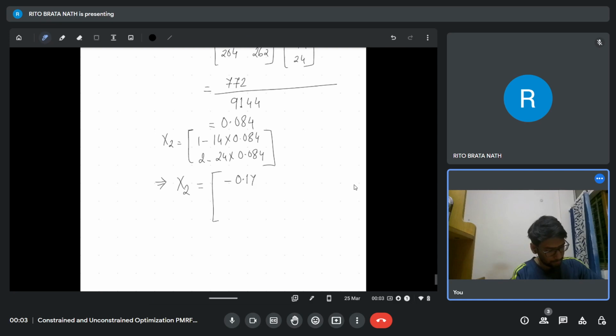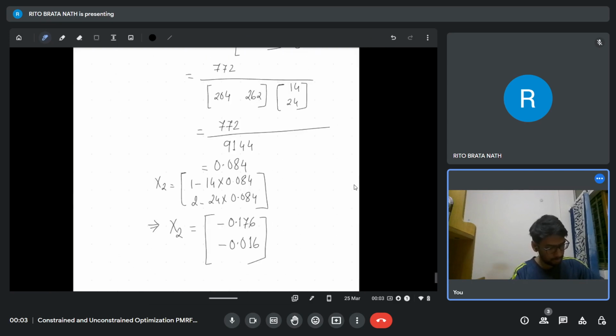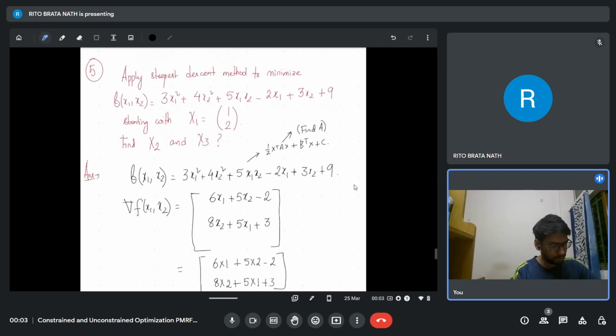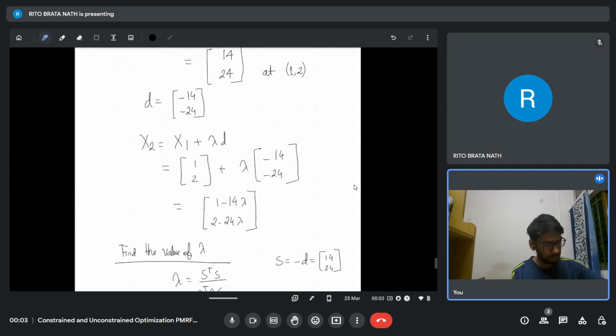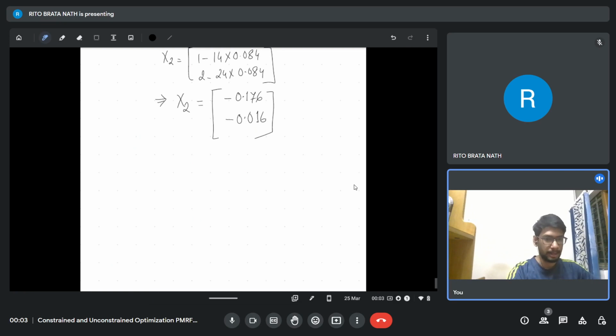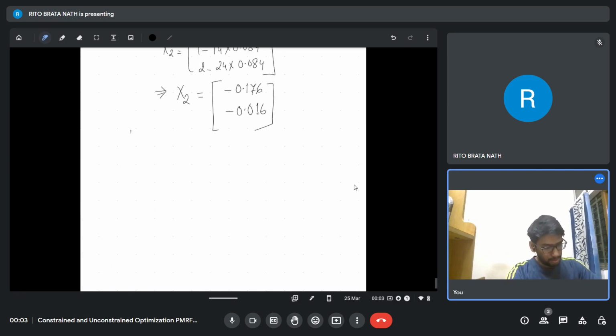Okay, yeah, so this is an unconstrained optimization problem. Okay, so it's coming out to be this. So that's x2. Similarly, you can find out x3 by just plugging this value back into the gradient and finding out the directions, then the lambdas and so on. Find x3 similarly.